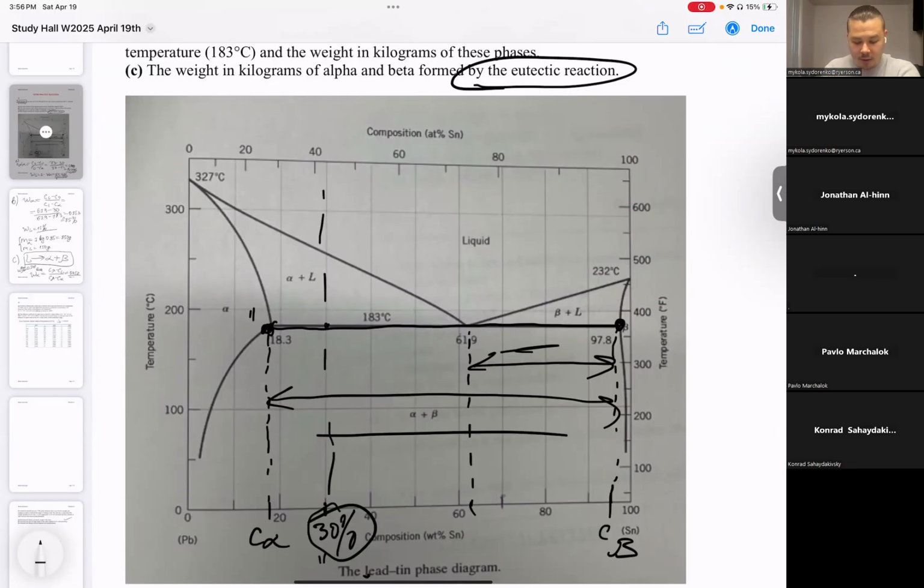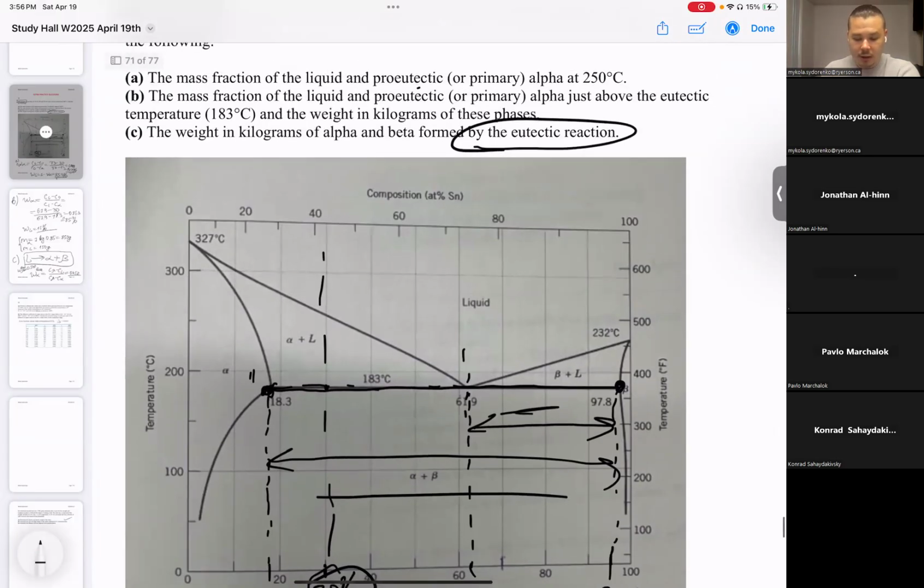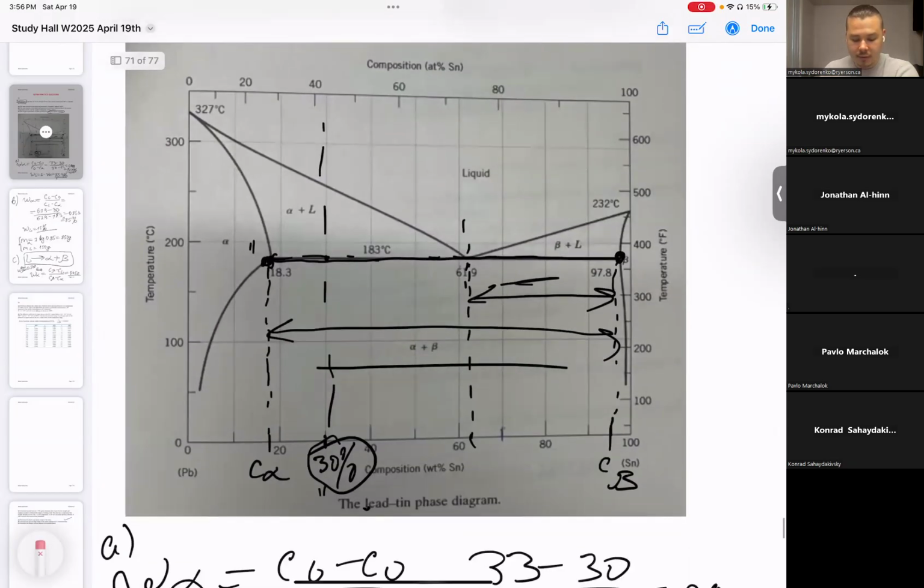Okay, we're right above it. So we're about to solidify. So it's right above the eutectic composition, and the only thing that we're concerned about is the primary composition alpha. Primary. So we're using the tie line to calculate the primary composition here. Okay. So that's the tie line you would use.